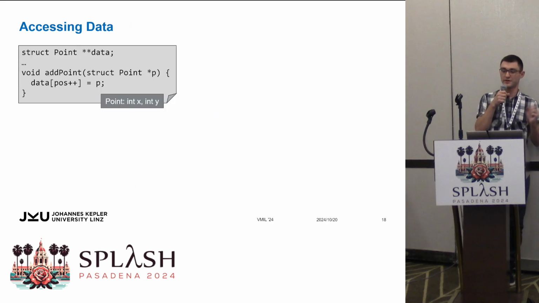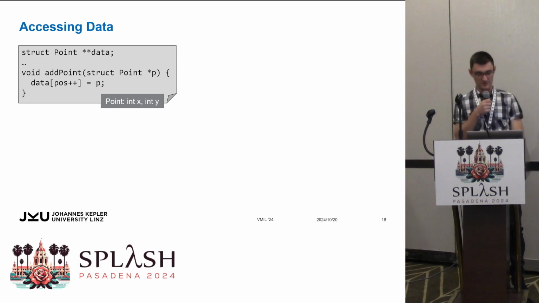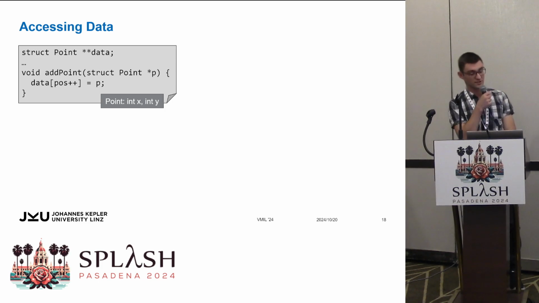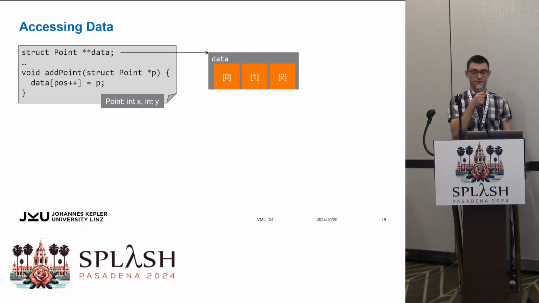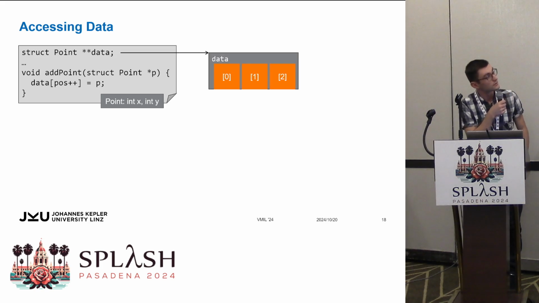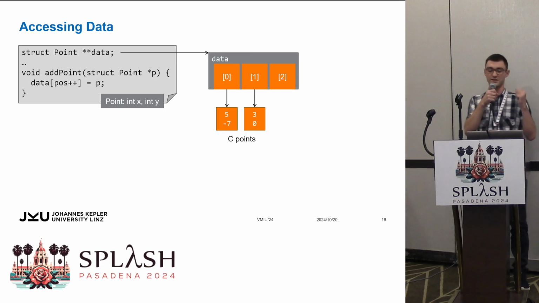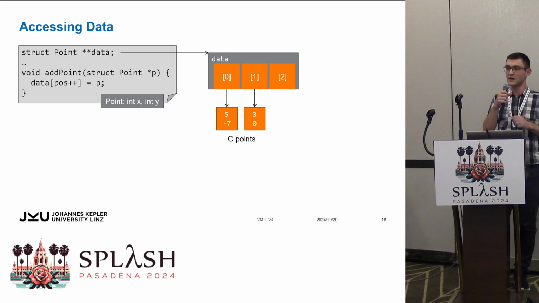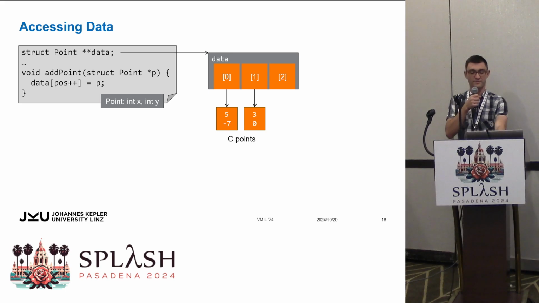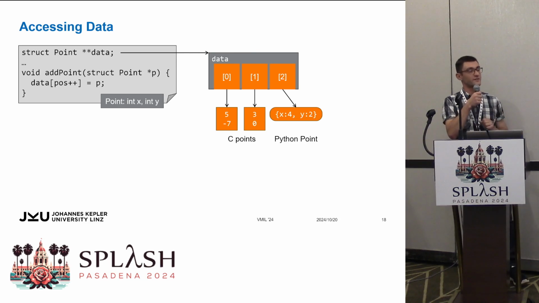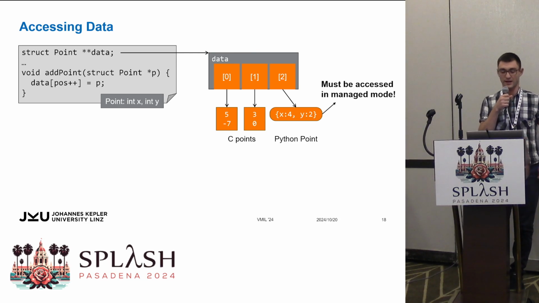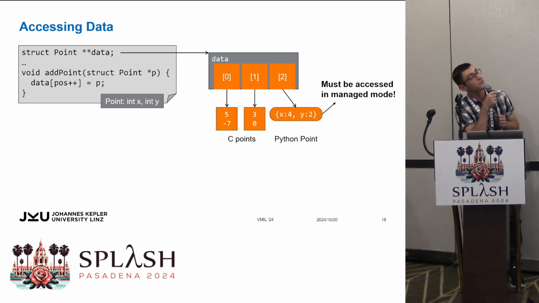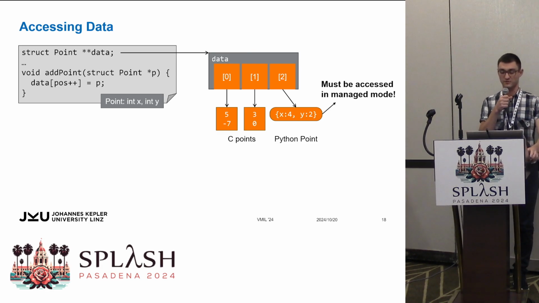As an example, we could have C code here. As shown, we have the add_point function. If the data points to an array, then it could be that the first 2 points, for example, are C points. If this is on the managed side, it can be moved to the native side without problems. But if we have a Python point, for example, then we have to access this add_point method on the managed side.